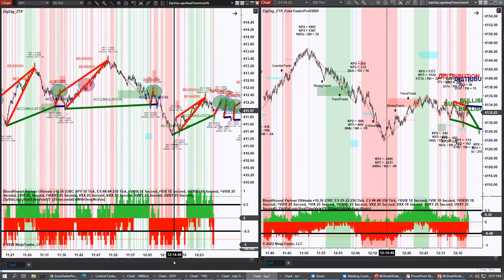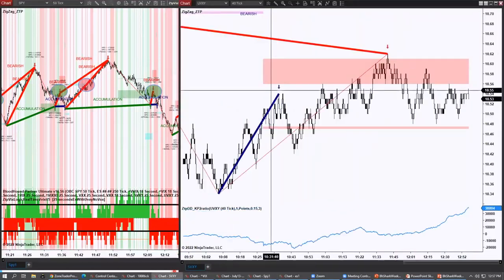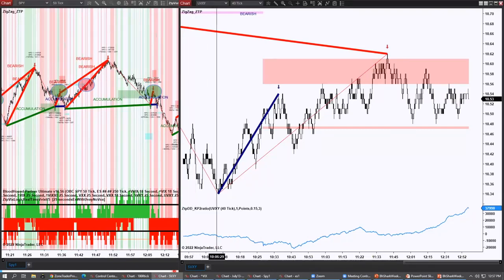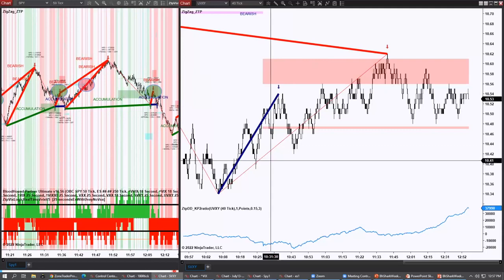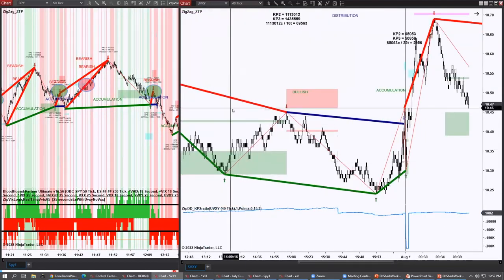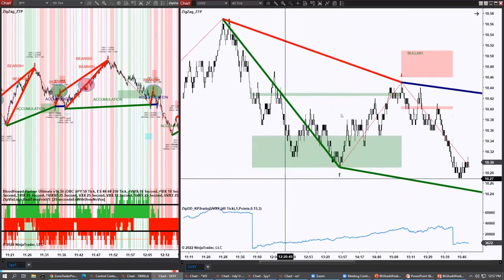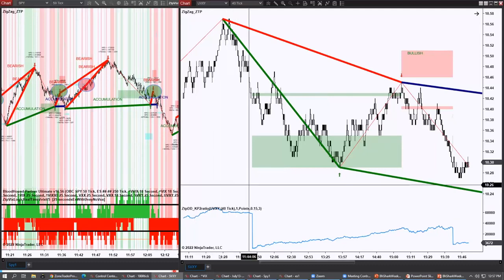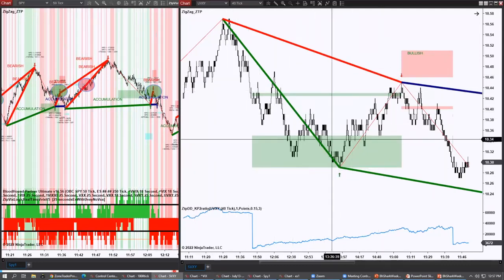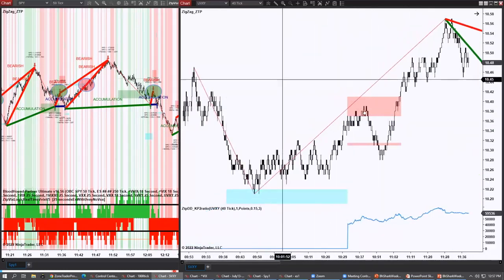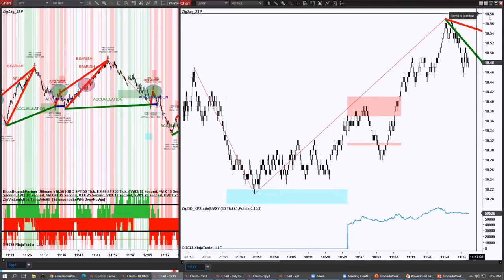To give you an example of that, this is the UVXY, which is a VIX stock that you can buy or sell. And what this is showing us is that there were these divergences here on UVXY. They all still occur.